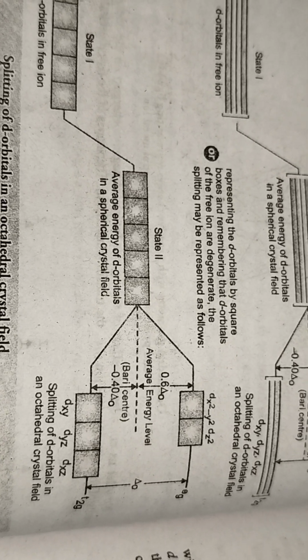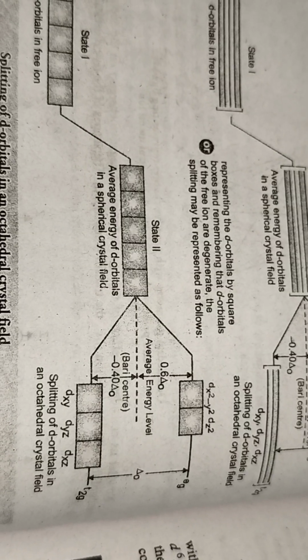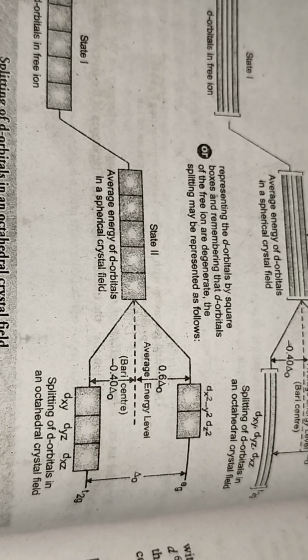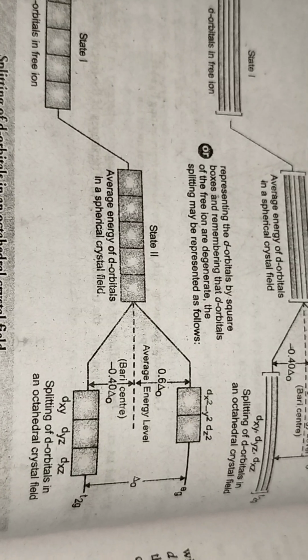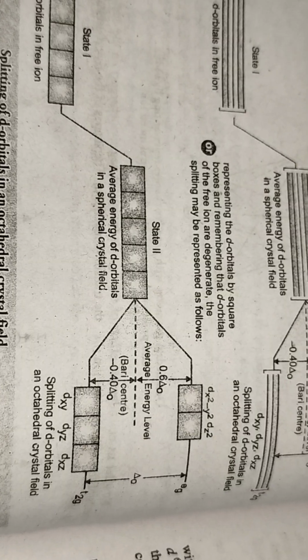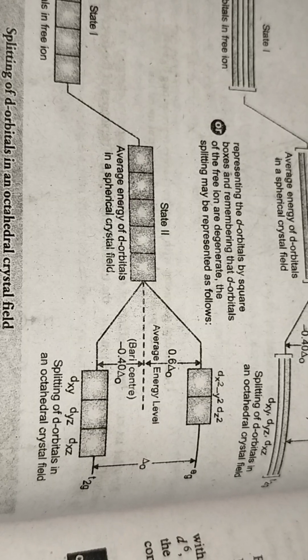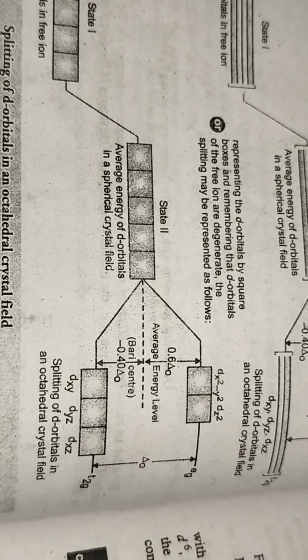The dxy, dyz and dxz have lower energy because ligands do not interact with them, as they are between the axes, and the orbitals dx square minus y square and dz square are present on the axes, so the ligands have a repulsion with them, due to which their energy is increased. So dx square minus y square and dz square are of higher energy.